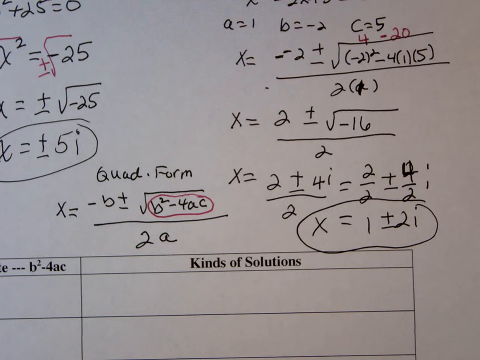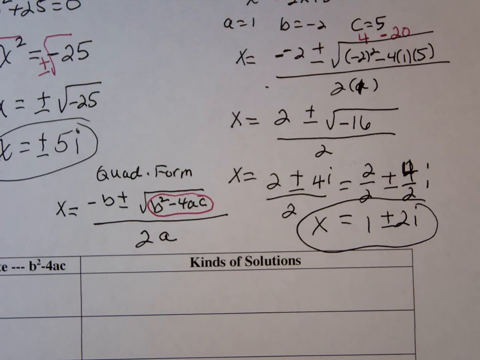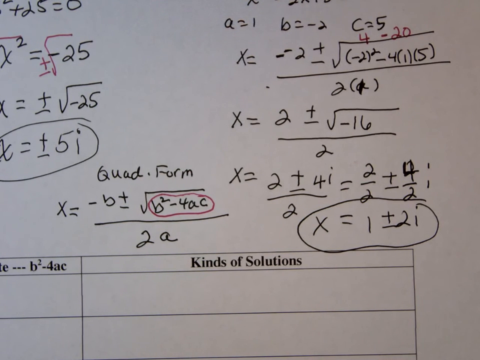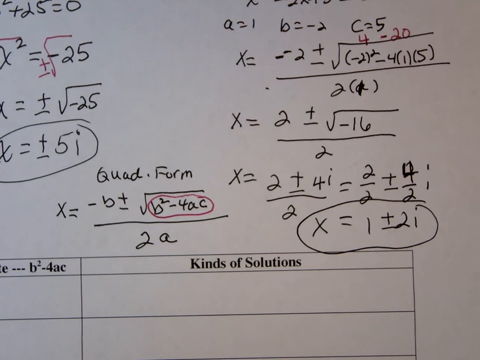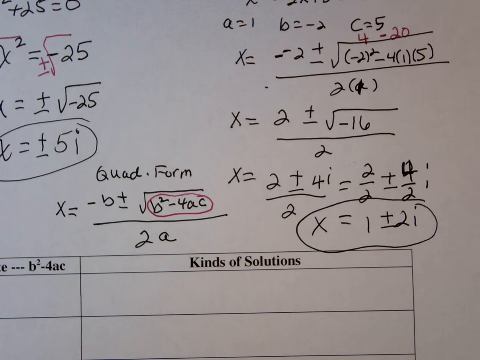Most calculators, most computers, don't automatically do imaginary numbers. So if you knew you were going to have imaginary solutions, you'd have to write what's called a subroutine or a subprogram that would enable you to do imaginary numbers, because it didn't normally do imaginary numbers.